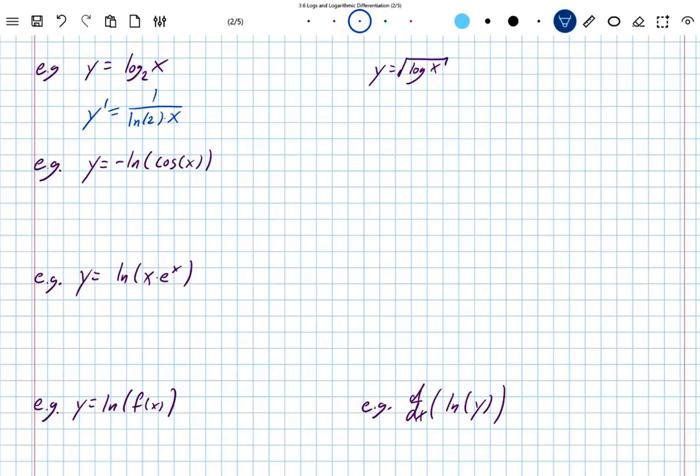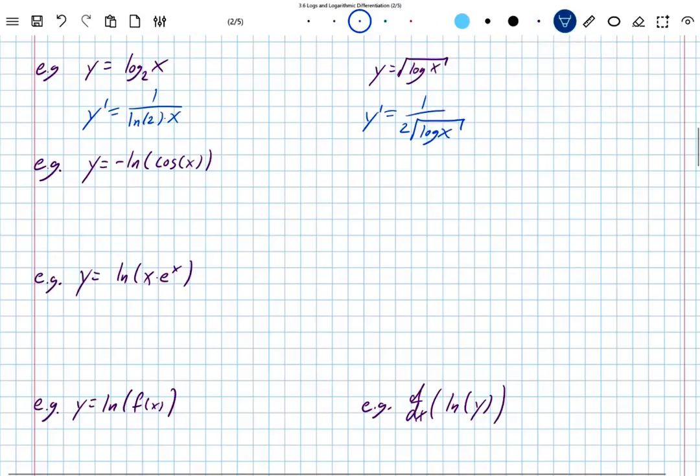Oh, I got one snuck over here on the right. So y prime, this now looks like a chain rule. So let's take care of that square root first. A square root, you can write this a number of ways, but its derivative is going to be 1 over 2 square root log of x. Remember that log is a common log.